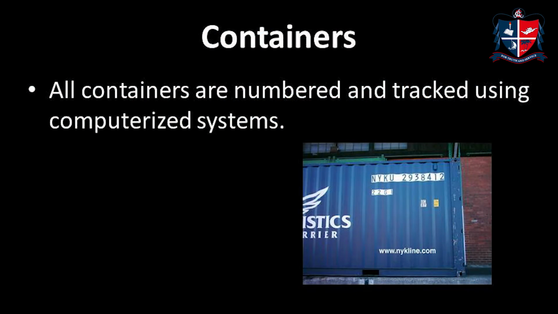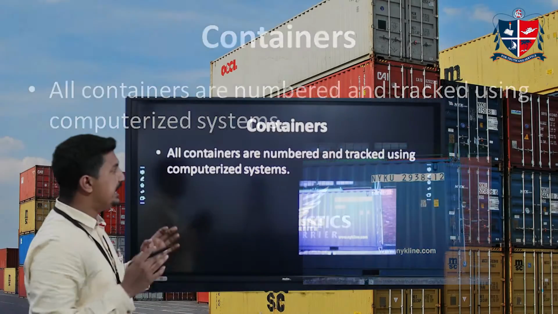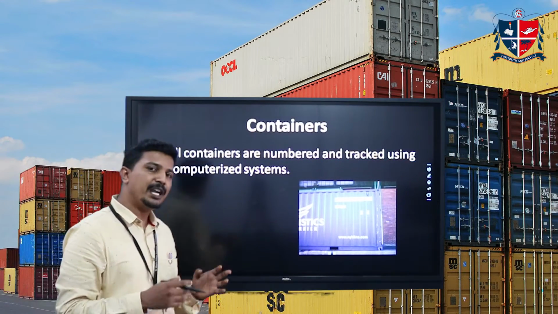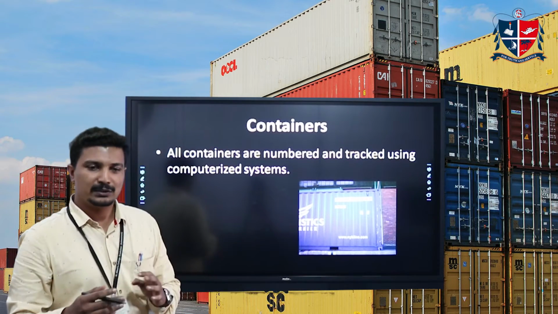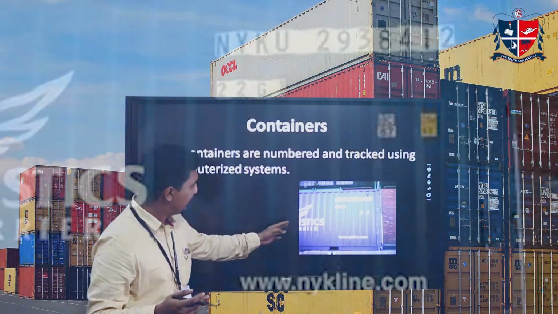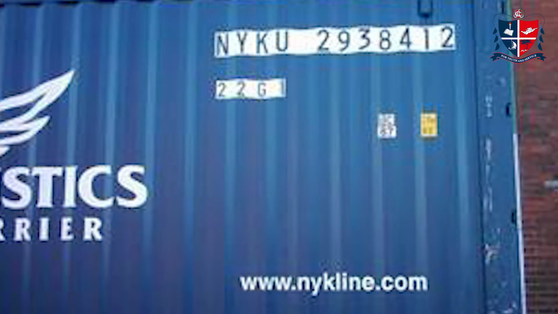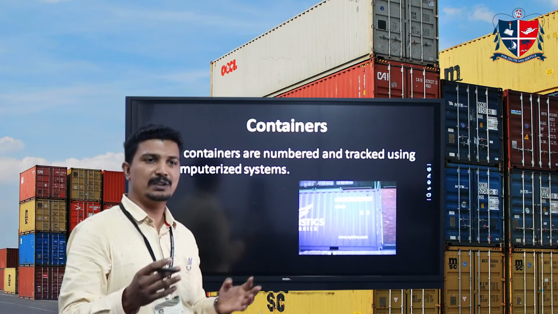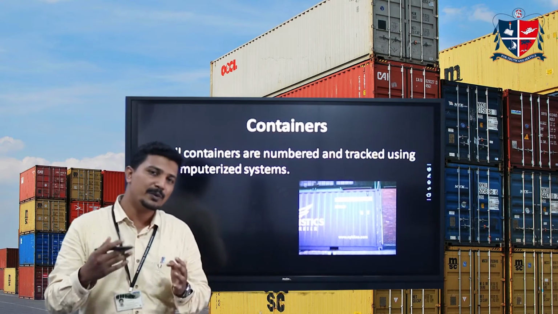So all the containers have a unique, individual number. It has been numbered, and with that number we can track the container. There is software for every liner. If this is a container photo, there is a number for each container. By using that number on that website, we can track their container. Once we track the container, we will be able to know where the container is.